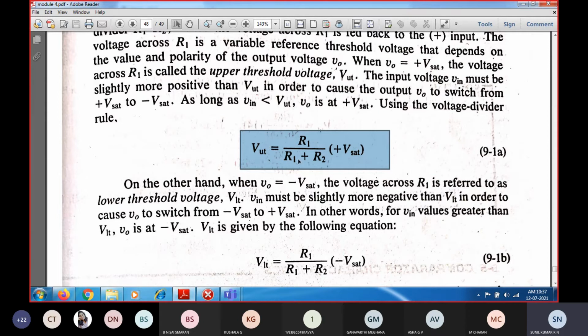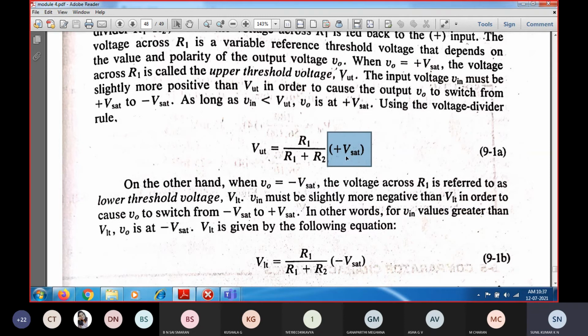We need to design the circuit. When you are designing the circuit, in the numerical problems they give the upper trigger point voltage, some voltage, say 7 volts or 8 volts or 4 volts or 2.5. Whatever voltage they give, to design the inverting Schmitt trigger circuit you have to put in the value and make sure what the maximum positive saturation or negative saturation is.